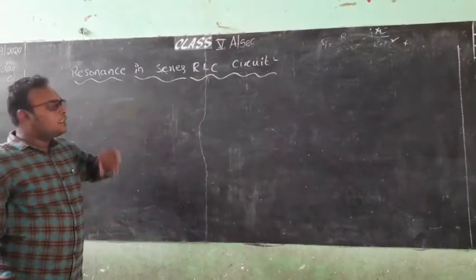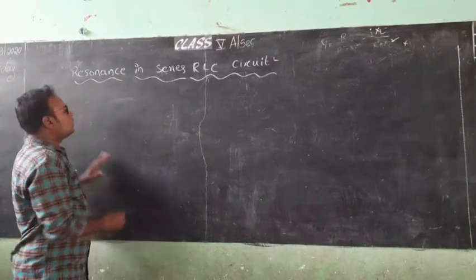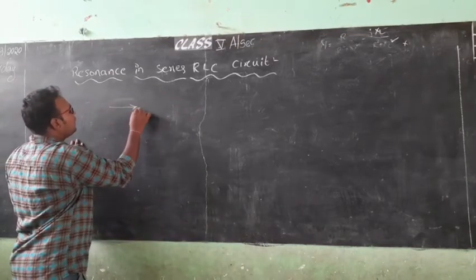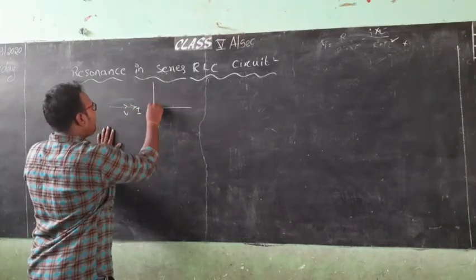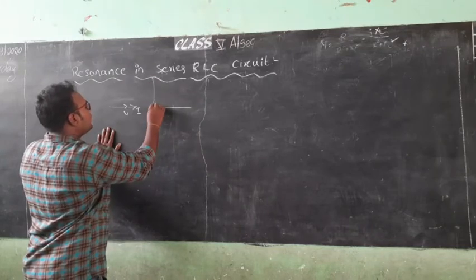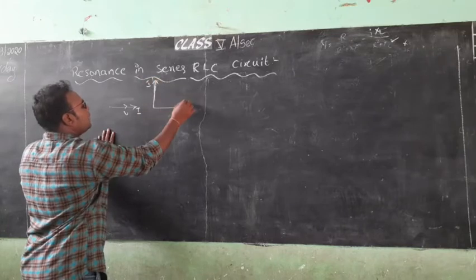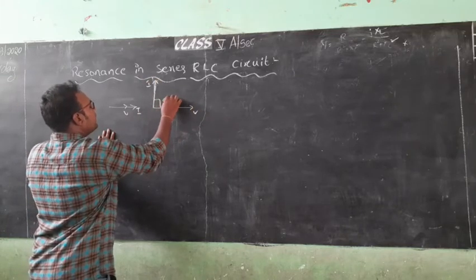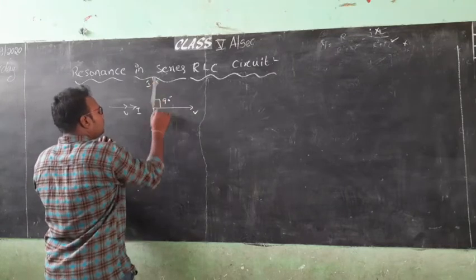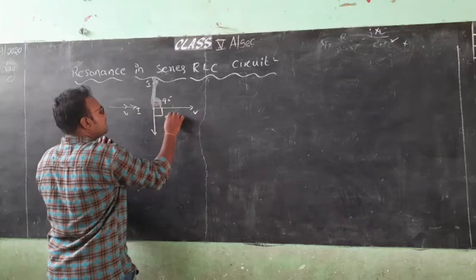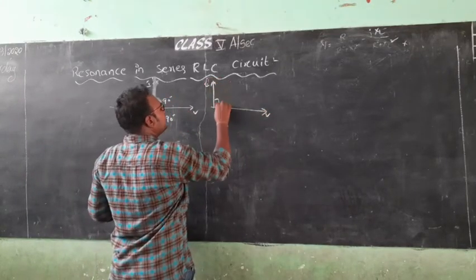So what is the series RLC circuit? What is the phasor diagram? For the resistor, I and V are both in phase. For the inductor, the current lags the voltage by 90 degrees, and for the capacitor, the current leads the voltage by 90 degrees.